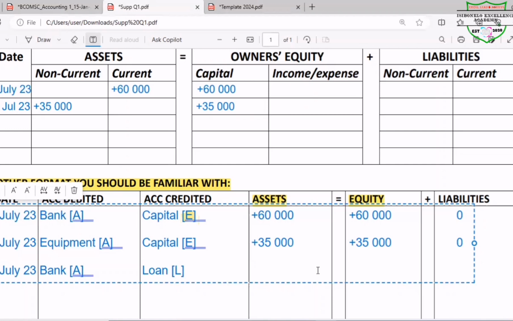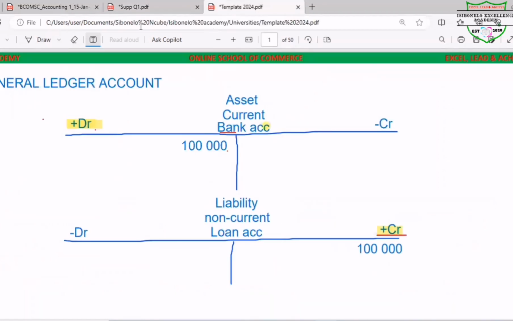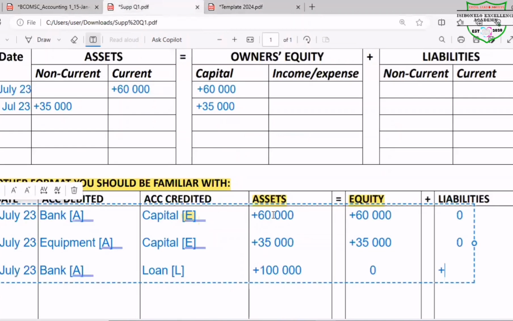So on the debit side, the bank is positive, 100,000. And equity is not affected. The liability has been credited. So on the credit side, the liability is positive. So we have positive 100,000.